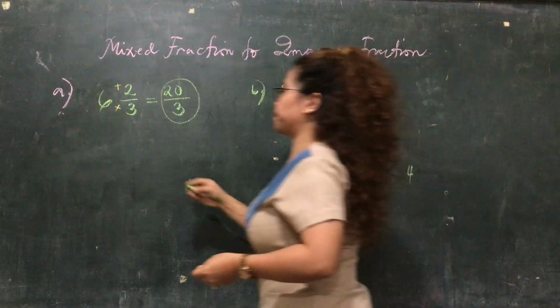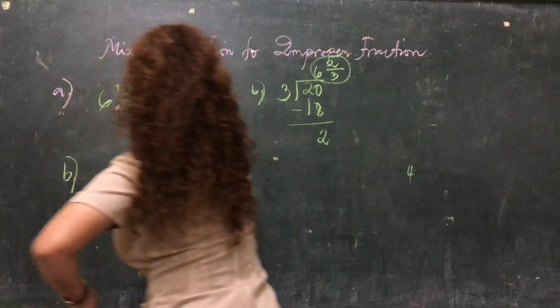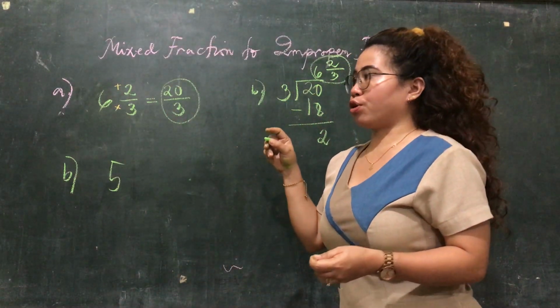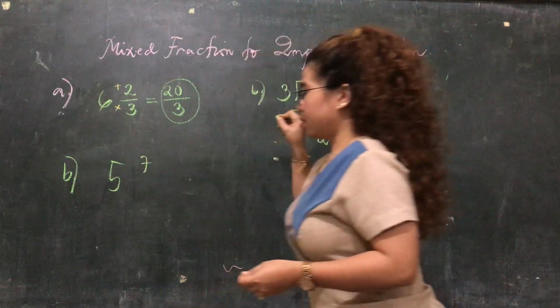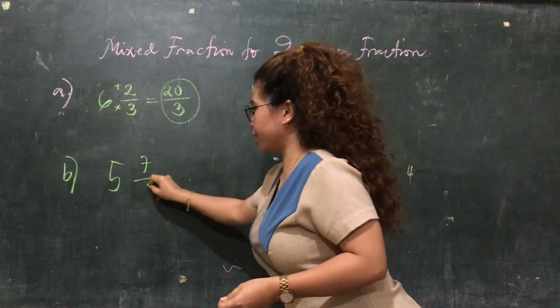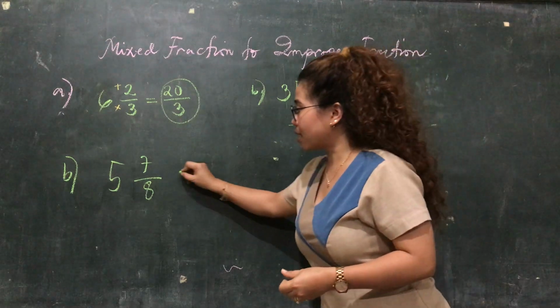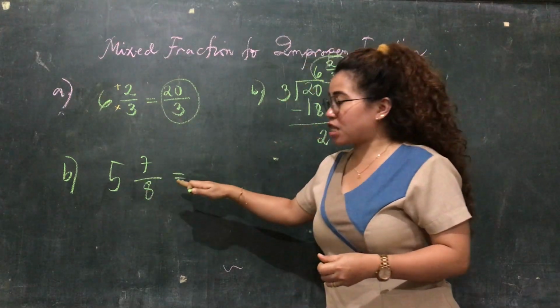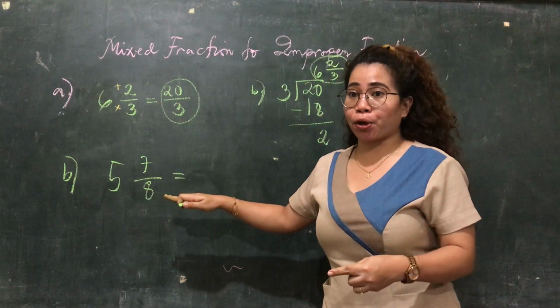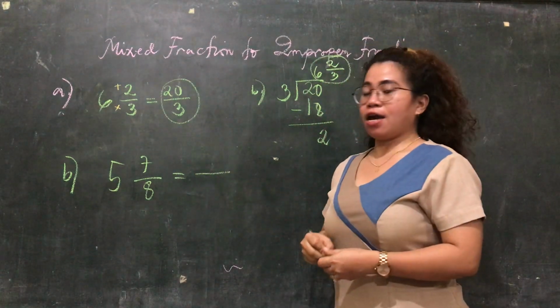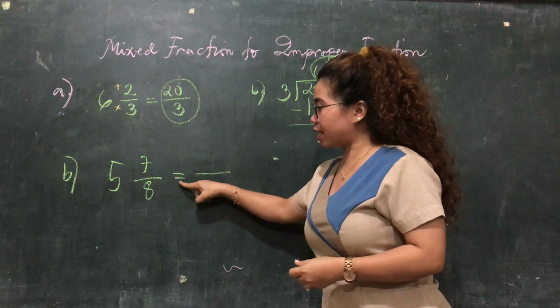Another example. Let's have 5 and 7 over 8. Let's transform this into its improper fraction form. Place the bar beside the equal sign.